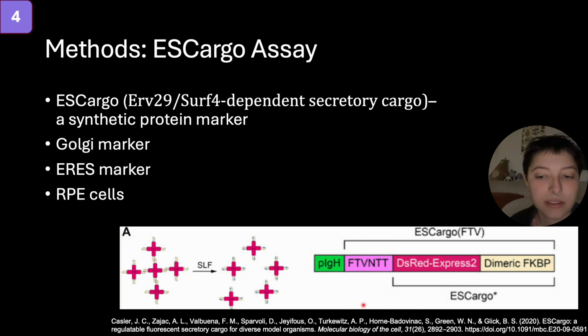And so that's important for the release of the protein. Before you add SLF, all the proteins cannot get transported out of the ER. They're just too big. And after you add SLF, they are small enough to get transferred.